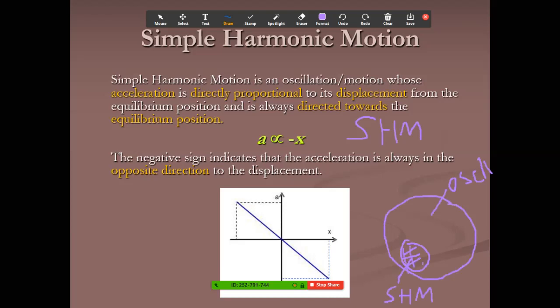Not all oscillations are SHM, but all SHMs are a type of oscillation. Pendulum movement we know is an oscillation, but it is also categorized as SHM. Spring oscillation is also SHM.